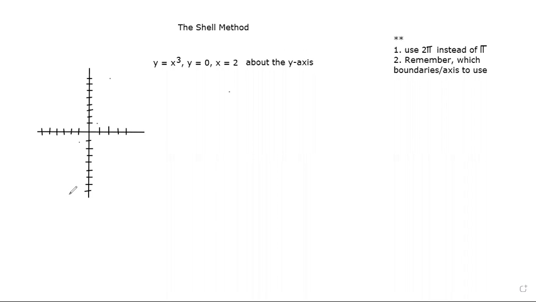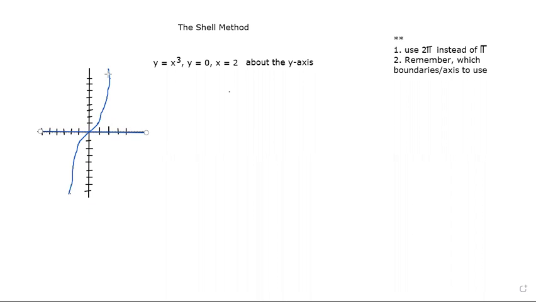Okay, so the first thing we want to do, we want to draw the graph, just so we have a decent representation of what we're trying to do. So first we have y is equal to x cubed. Now, if you remember, this is that curved graph everyone is kind of used to seeing. Now we have y is equal to 0, which of course is the horizontal line along the x-axis.